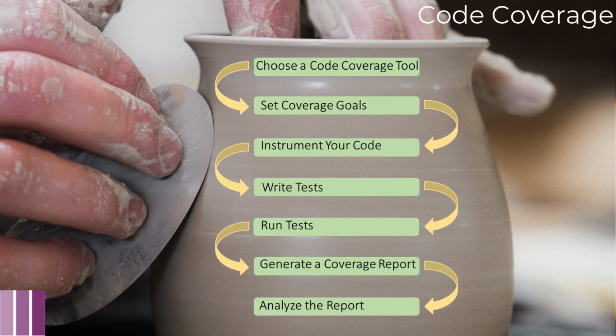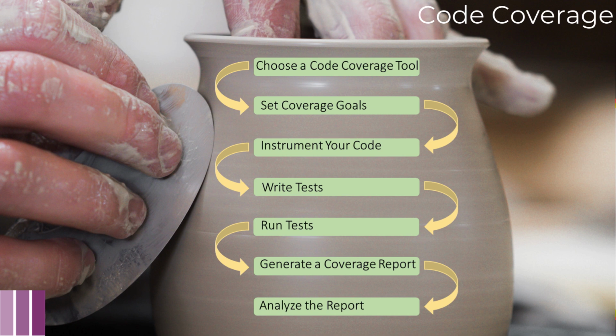There are a number of different ways to perform code coverage. One common approach is to use a code coverage tool. Code coverage tools instrument the code under test and then collect data on which parts of the code are executed during testing. Another approach to code coverage is to use manual instrumentation.